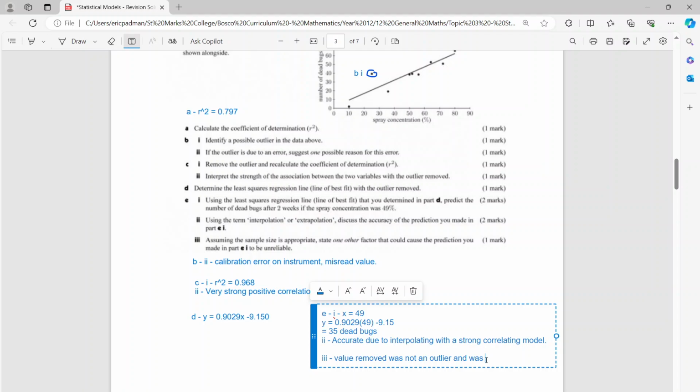So you could say the value removed was due to randomness. Maybe you might say the spread is unpredictable and that wasn't an outlier. You could do a similar experiment. I suppose that's what they're saying about the sample size. Again, it's a question you can interpret a few ways and give an intelligible answer. It's not because we're extrapolating; it does fall inside the data set, so it's not that.